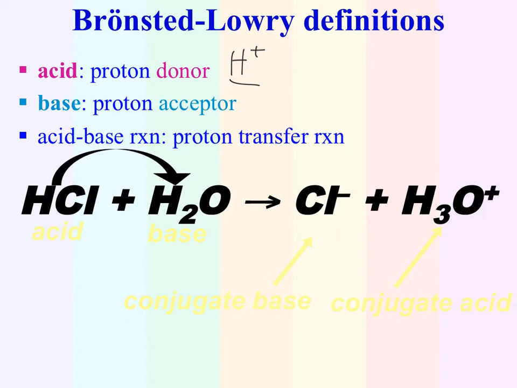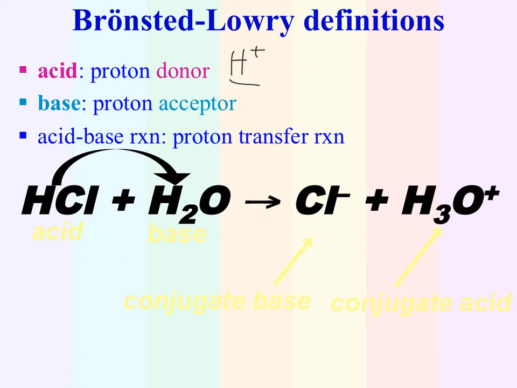In this case, H2O is the acceptor of that proton. The H in the HCl is going to get transferred to the H2O. So we end up with a Cl- all by itself, a chloride ion, and when the base picks up the proton, you get H3O+, the hydronium ion.